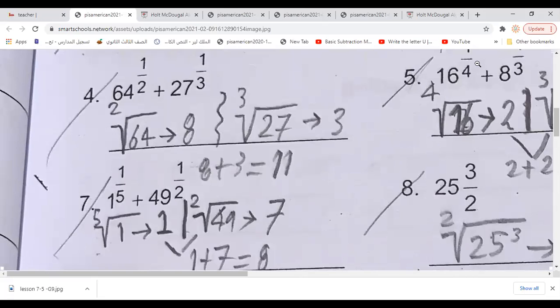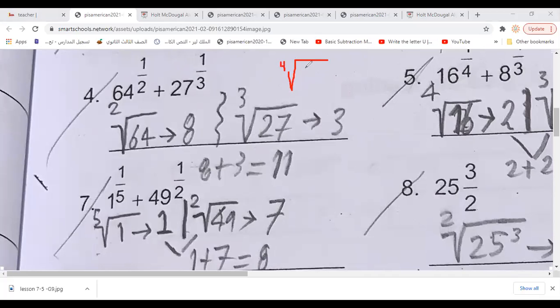This one, 16 to the power of a quarter, plus 8 to the power of a third. This is your question, Johanna. Yes, okay. In this question, we have a fractional power, right? 16 to the power of a quarter. So you are going to make the root, and the denominator represents the degree of the root, right?